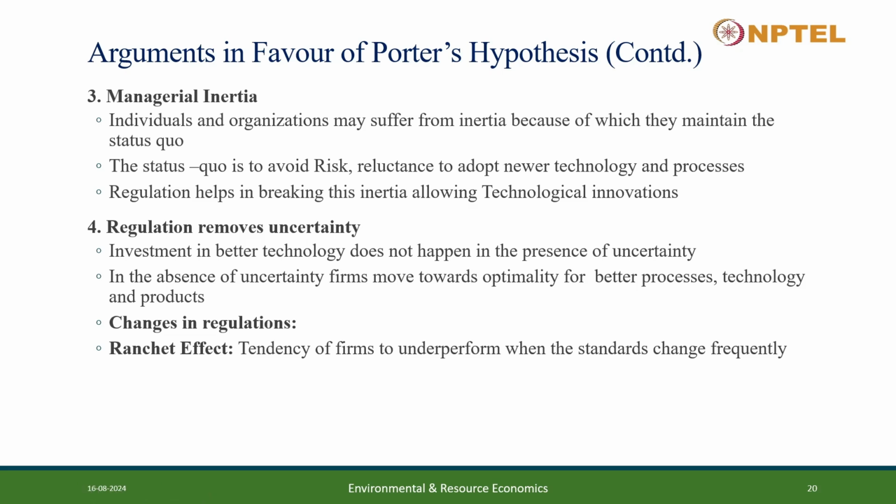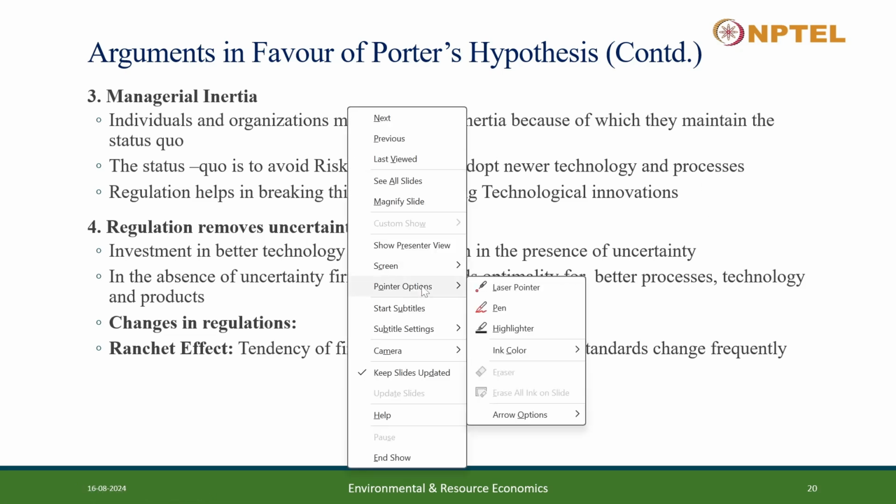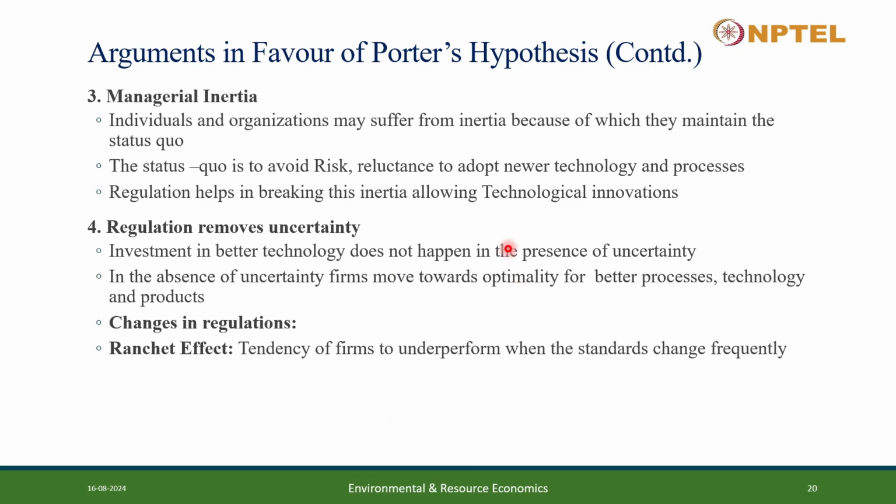The third point says that any individual or organization will always have a certain kind of inertia, that they are reluctant to move towards new technology, new process, or new setup or anything.